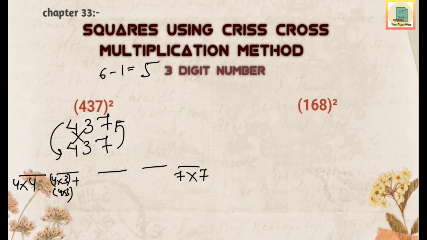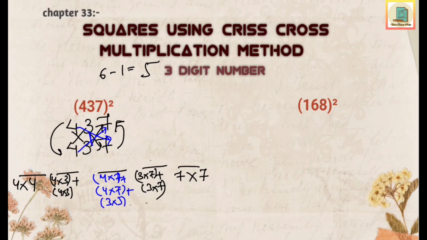Now in the fourth partition, we will multiply both these digits diagonally and add them, that is 3 multiplied by 7 plus 3 multiplied by 7. Now in the third partition, we will multiply the extreme diagonals, that is 4 multiplied by 7 plus again 4 multiplied by 7, plus the middle 2 numbers, that is 3 multiplied by 3.